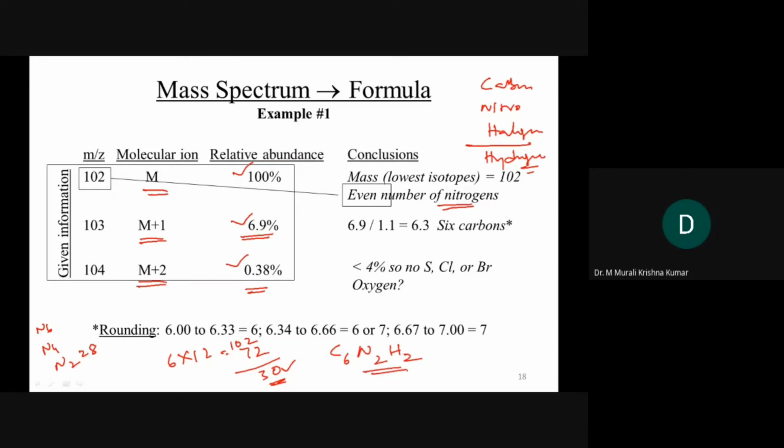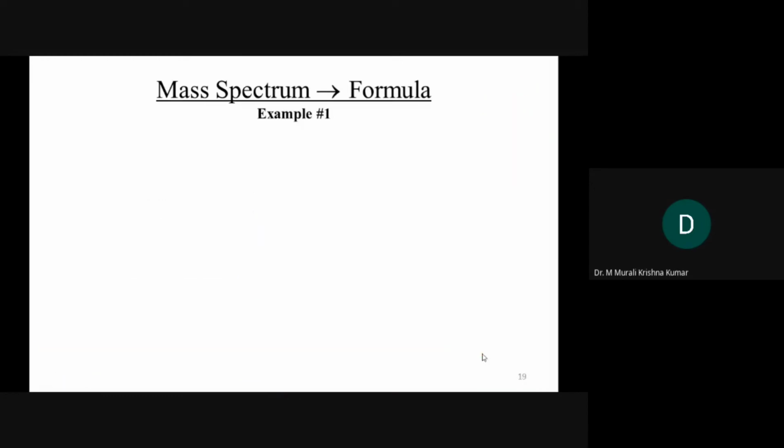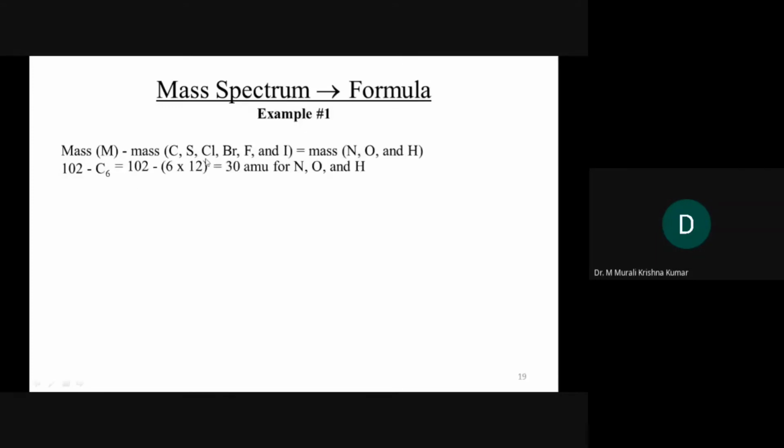Is it really possible? If you take the hydrogen rule, how many hydrogens should be there? 2C plus N plus 1. So many unsaturations will come. We'll discuss this in the next slide. There is no possibility of oxygen here. So 102 minus C6 is equal to 30 AMU, which is remaining for nitrogen, oxygen and hydrogen.